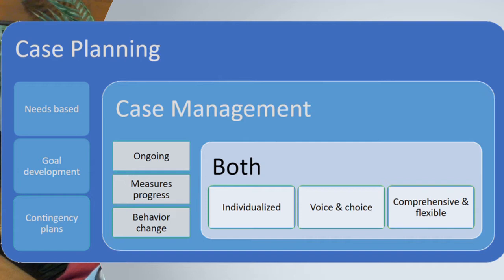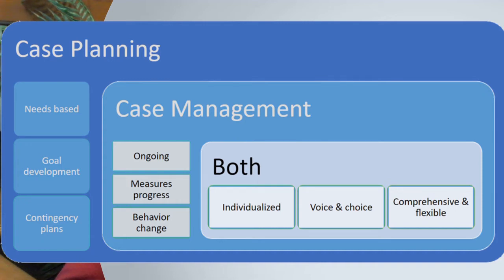And then remember that this is interrelated, right? So case planning and management are both individualized. Both should include youth voice and choice in determining what needs to be prioritized or what type of services they feel they need.